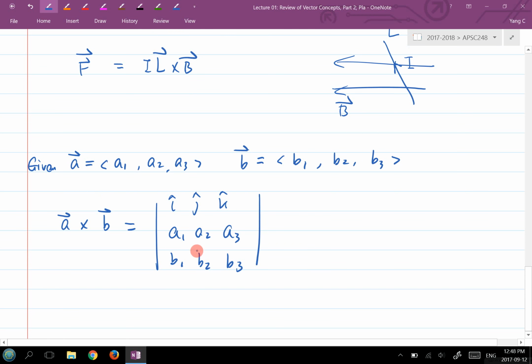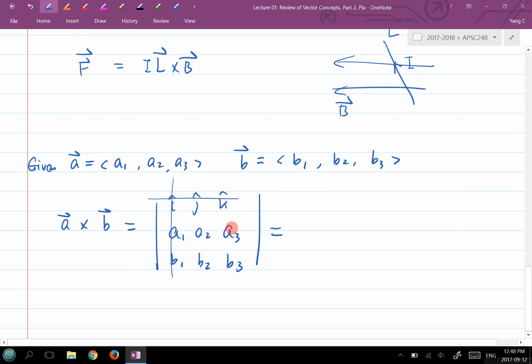You can take out your first year linear algebra course to look at the determinant of a 3x3 matrix. Essentially, you can always start from the first row. If you start from the i, you cross out the first row and column, look at the determinant of the remaining matrix, and then times the first element. And you keep going like this.